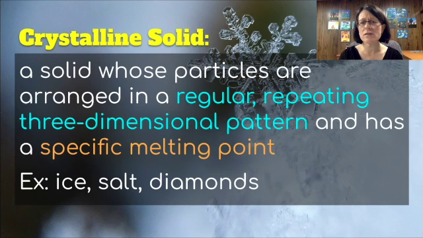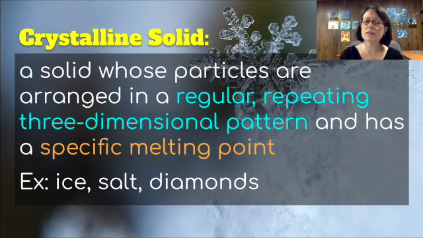Ice melts at 0 degrees Celsius. It doesn't melt over a range of temperatures, it melts at 0 degrees Celsius. If you were to put a thermometer in a glass of ice water that's stirred well, it will stay at 0 degrees Celsius until all of that ice is melted. There will not be a range of temperatures.